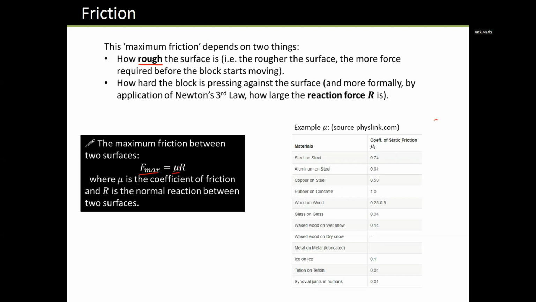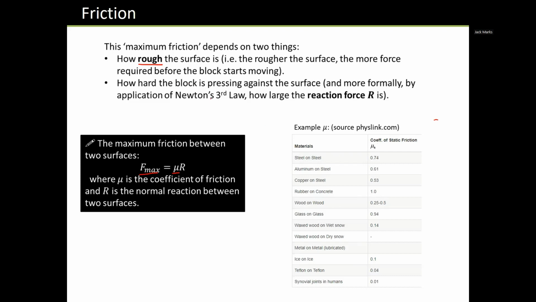It's a number that links to the material that you're talking about. So some materials, like if you're talking about the contact of ice and ice, has a very small number. If you're talking about something that's very rough, so look, there we go, we've got rubber on concrete, you'll have a big number, which will approach 1 for Maths A level.